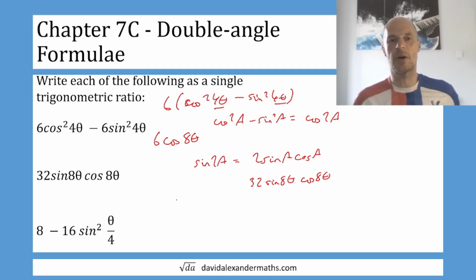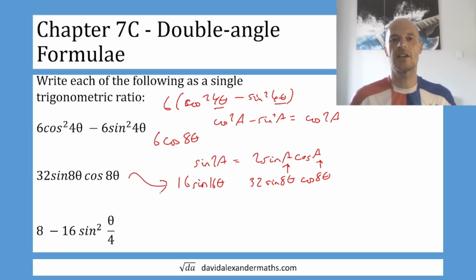I do find these quite tricky, and I need to compare them to the double angle formula, but it's worth writing out sine 2A equals 2 sine A cos A. Here we can see that A is 8 theta, so our 2A is going to be 16 theta. So here we can see what happens to the 2. The 2 gets halved, it becomes 1, so the 32 needs to be halved as well. Sorry, I should have written sine there as well. So the 32 needs to be halved, so this turns into 16 sine 16 theta.